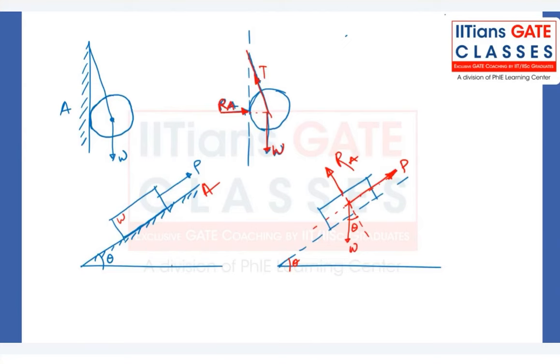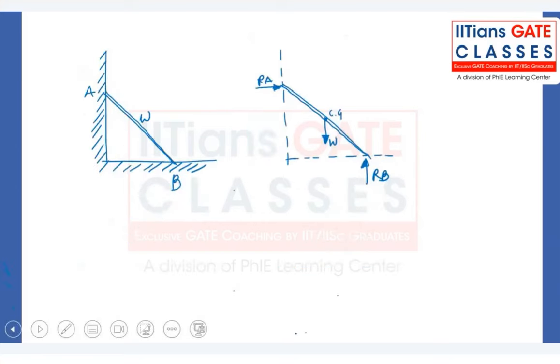In the rod case also, if we have a smooth surface, again the friction will be zero. The friction force will come, yes, only when we have a rough surface. So let's say suppose surface B is rough.